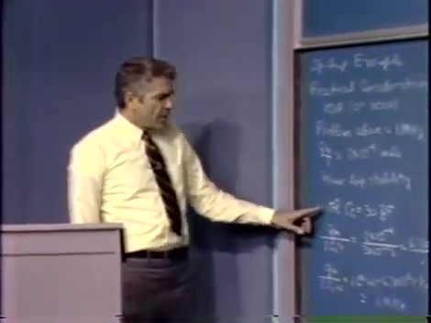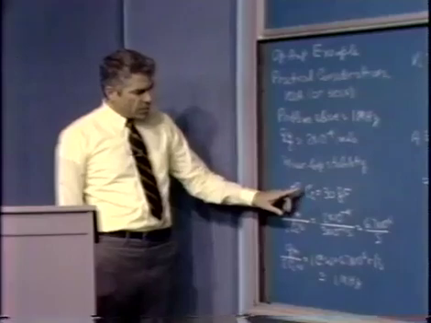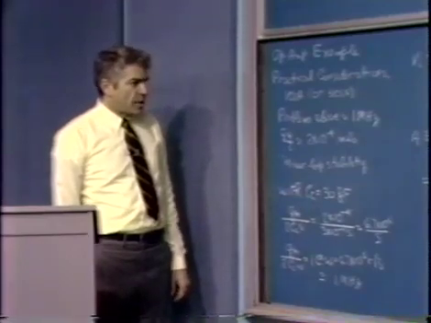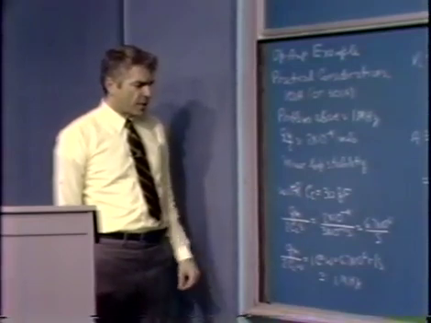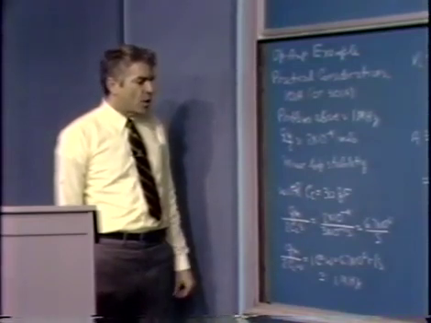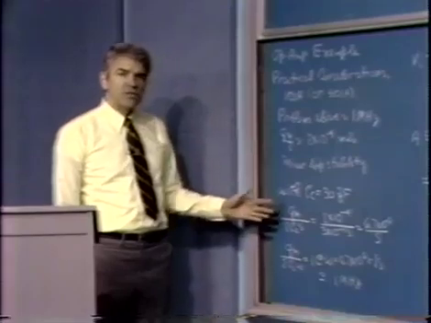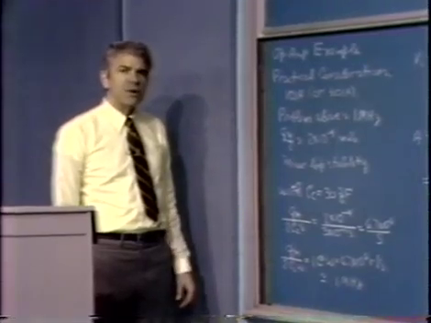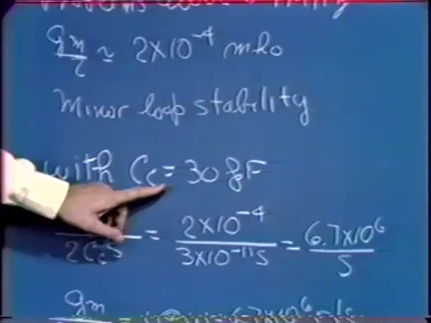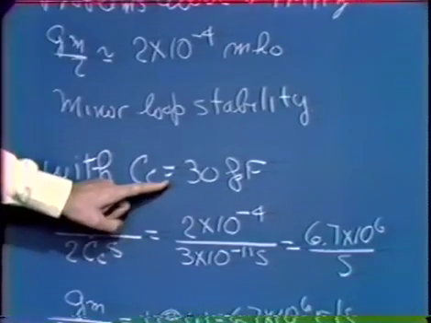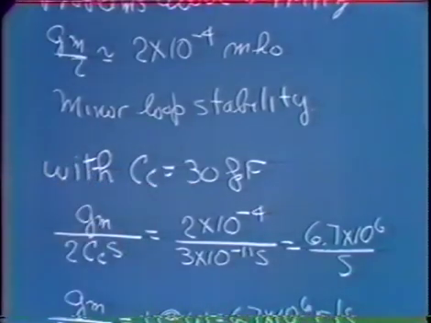A frequently used value when we design an amplifier that includes internal compensation, rather than one where we can add the compensation ourselves, is as follows. An amplifier such as the 741, as I mentioned last time, uses this general two-stage topology, but it has an internal capacitor. And the value of that capacitor is typically 30 picofarads.